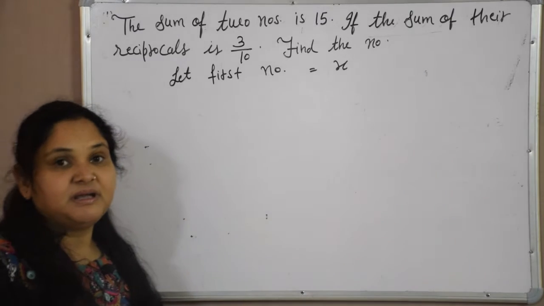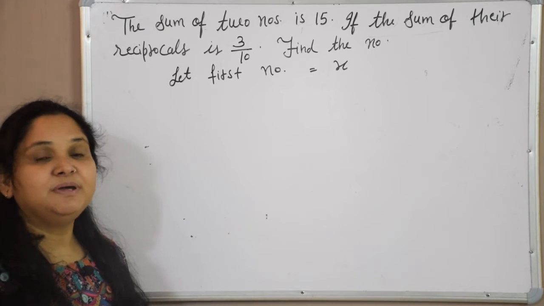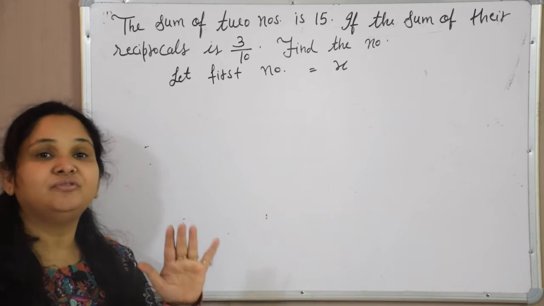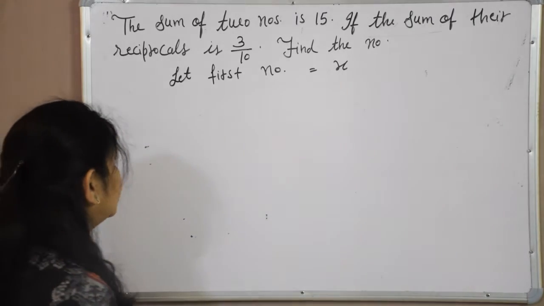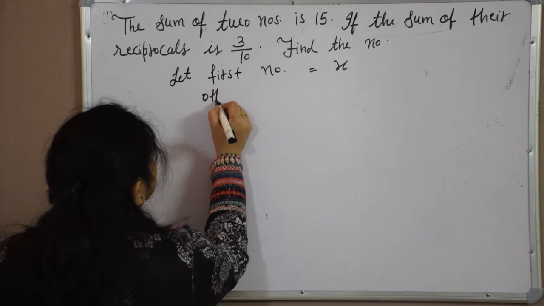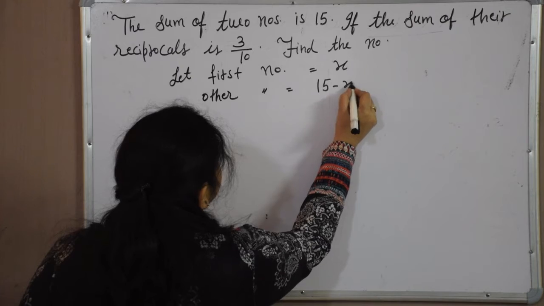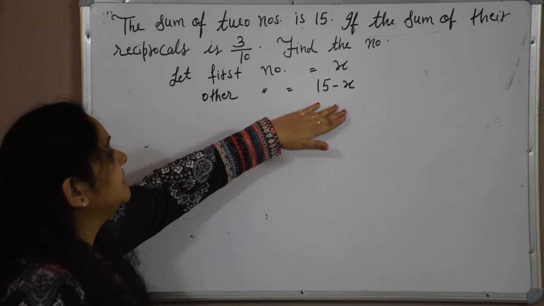Suppose I am taking one number as 8, then the other number will be 7, because we know the sum of the two numbers, and if we know the first number, we can automatically find the second, there is no problem. So if I suppose the first number, the other number we automatically get, and that will be 15 minus x. First number is equal to x, the other number is 15 minus x.